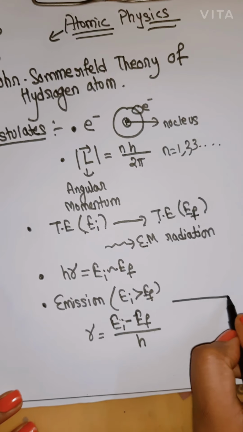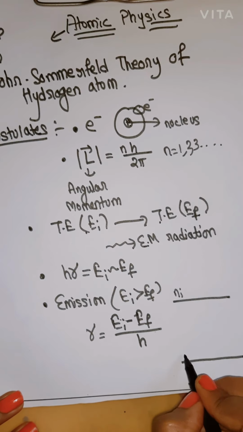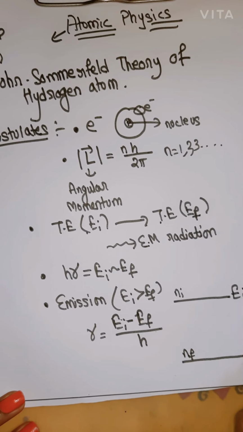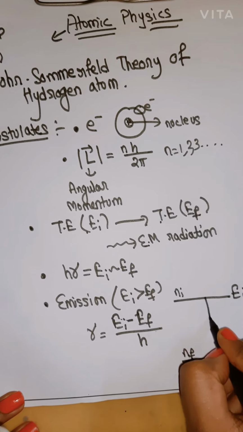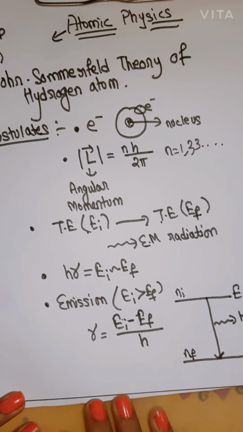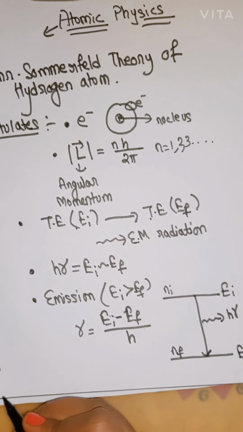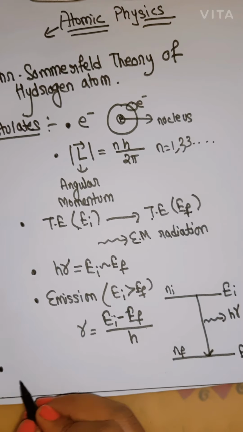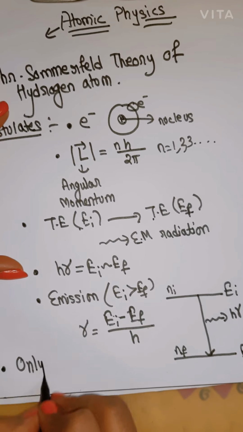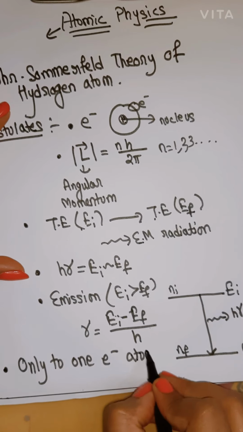Through a diagram we can depict it as orbits Ni and Nf with energies Ei and Ef, and electromagnetic radiation with energy h nu. And this Bohr atomic model is applicable only to one-electron atoms.